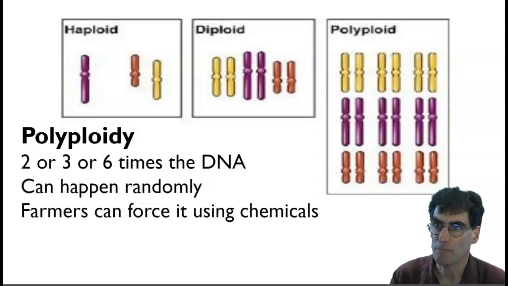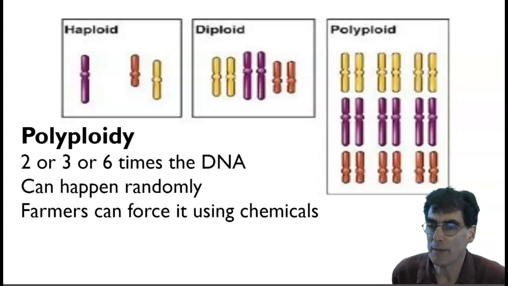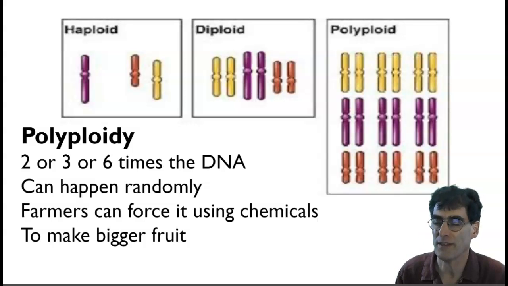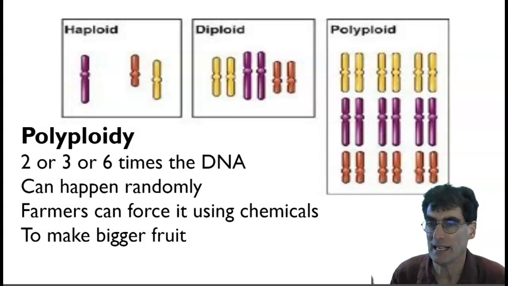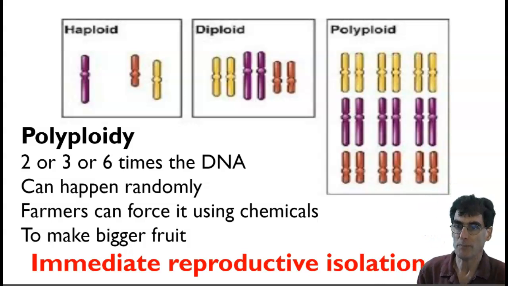Think about what DNA does, and why you would want more instructions. Well, if you have more instructions, you're just going to make more of everything. Generally speaking, with polyploidy, you have more production of everything, and so everything is bigger and juicier, and that's what farmers do. But it does give you immediate reproductive isolation.